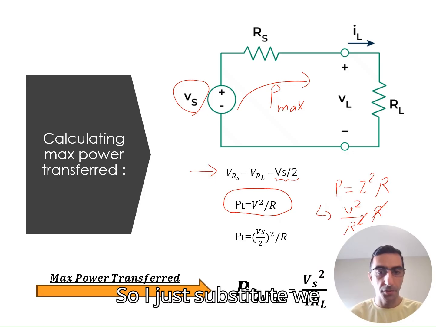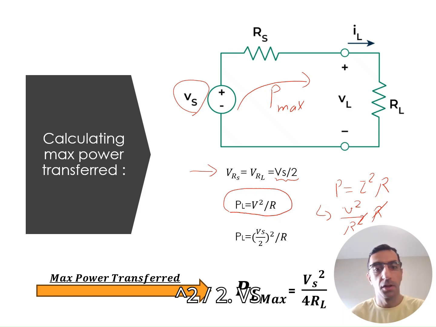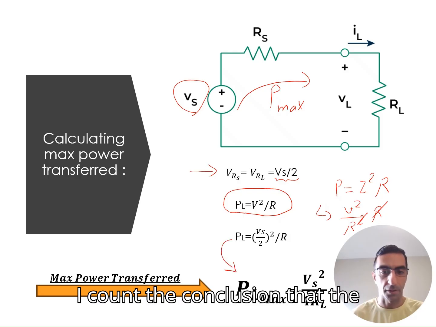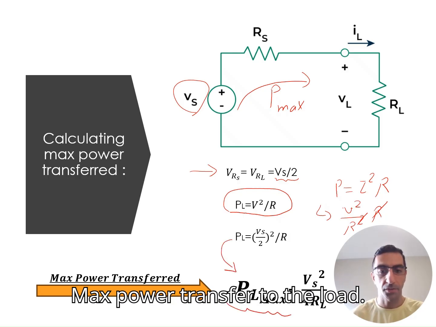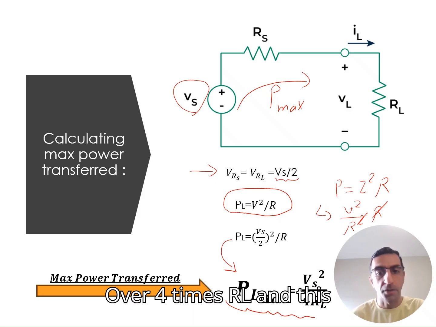So I substitute Vs over 2 over here, and what I have is (Vs over 2) squared over R, and I come to the conclusion that the max power transfer to the load is actually V squared over 4 times RL.